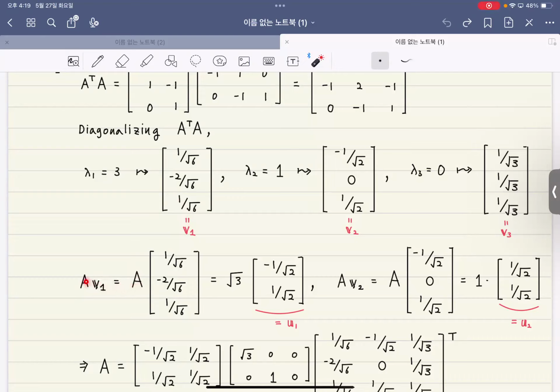So since this is a 2x3 matrix multiplying the 3x1 column vector, the result can be written as the unit vector times the length of this vector, which is square root of 3. But this number again was expected because this number should be precisely the square root of this first eigenvalue, right?